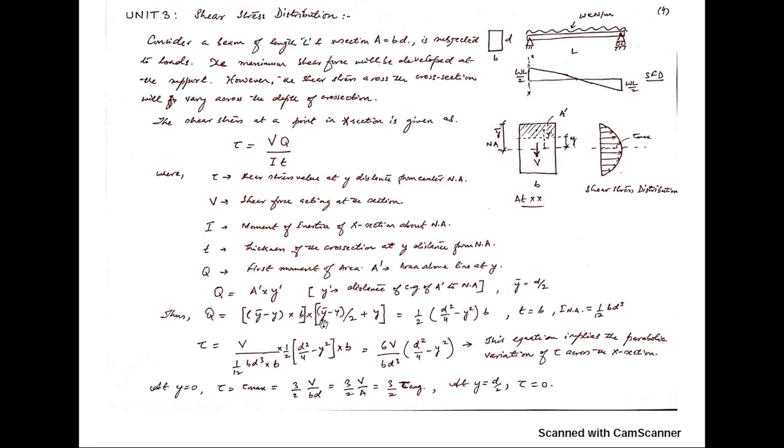This is into b. So this is basically your area. So the area will be how much? y bar minus y will give you the area A dash, times b, where b is your thickness.